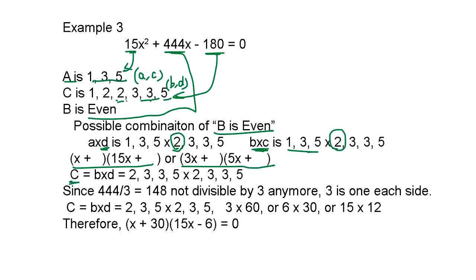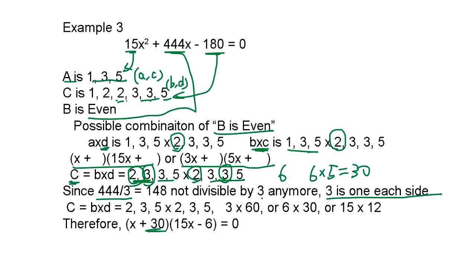So capital C is b times d, so we need to have a 2, and the remaining is divided into the groups. What we do is we divide this by 3, and the result is not divisible by 3 anymore. That means 3 is included in each side, so we need to have one 3 on each side. So that's going to help, right? So for sure one side is 6 and the other side is 6, and 5 has to be on one side, so 30.